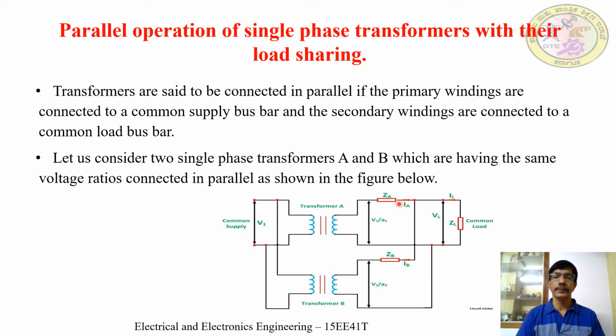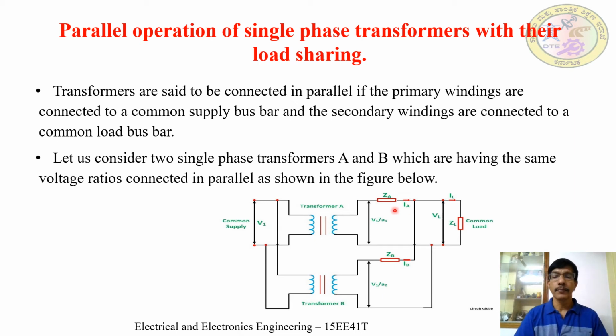This is the impedance of transformer A with reference to the secondary side. Total impedance, it includes primary impedance also. Total primary impedance, secondary impedance with reference to secondary. Similarly, ZB, total impedance of the transformer B with reference to the secondary.